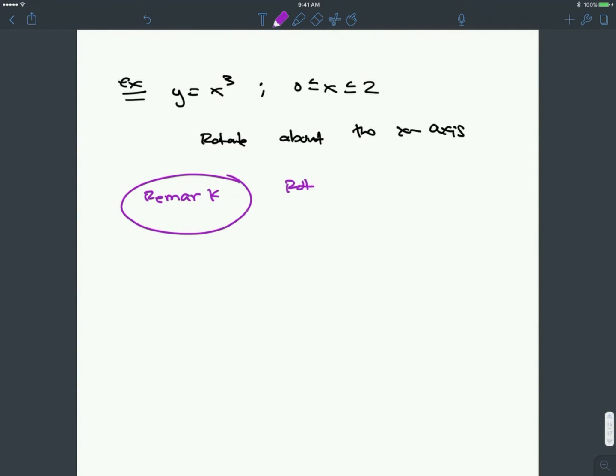What if you had to rotate about the y-axis here instead of the x-axis? Now let's look at some details.